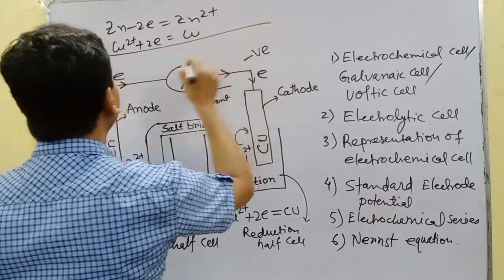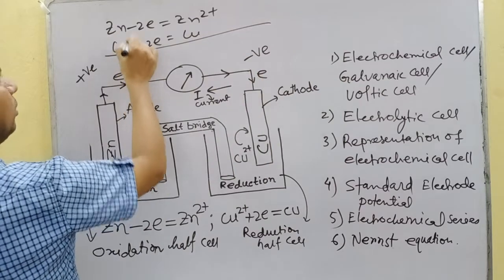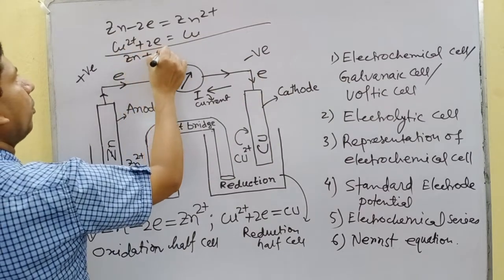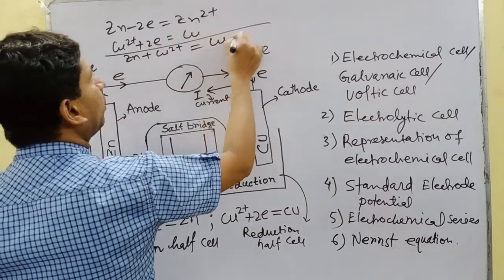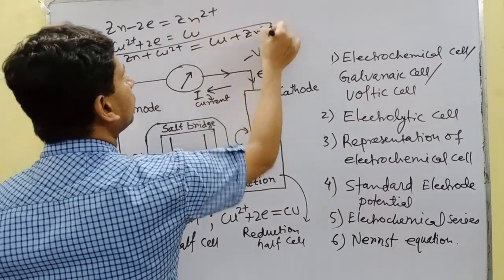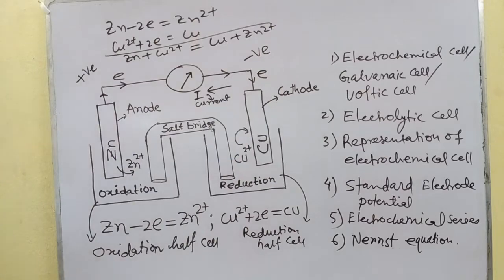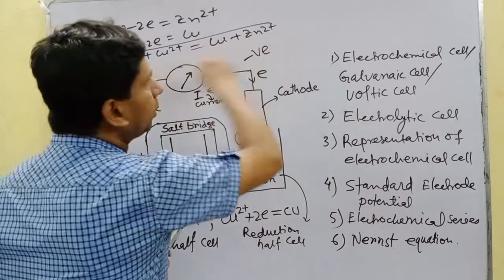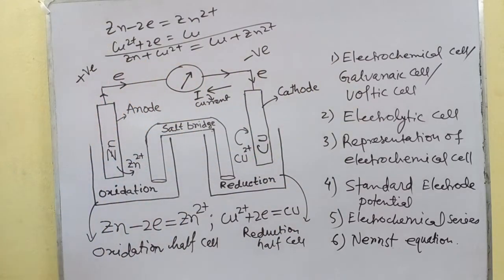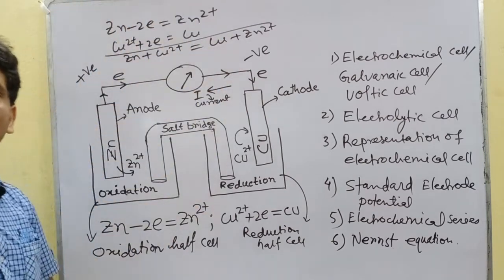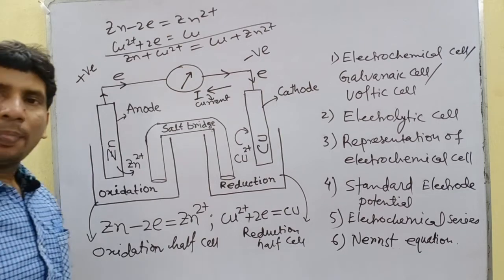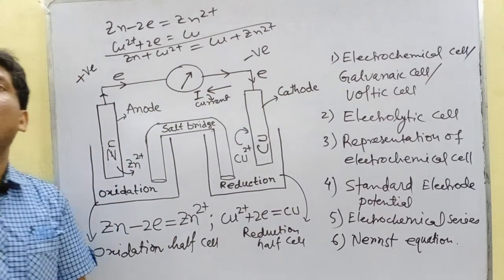Then full reaction is zinc plus copper 2 plus equal to copper plus Zn2 plus. Clear? Or that this is the oxidation reduction reaction, that is redox reaction. This is oxidation half reaction, this is reduction half reaction. Clear?